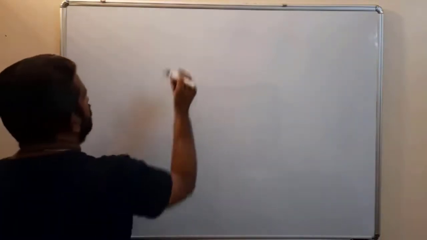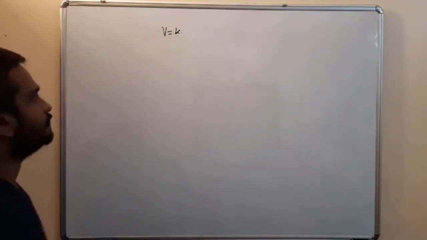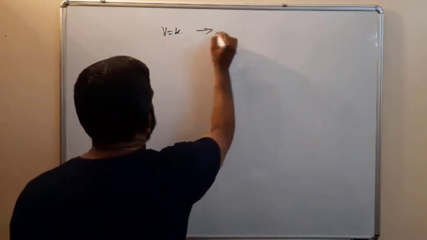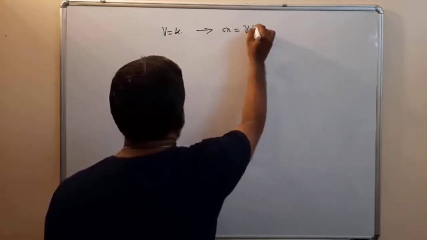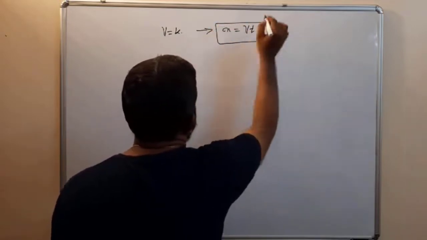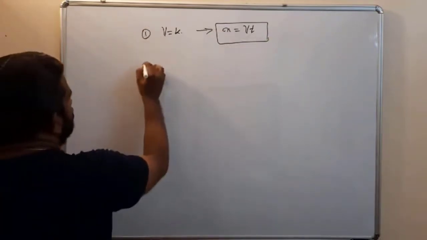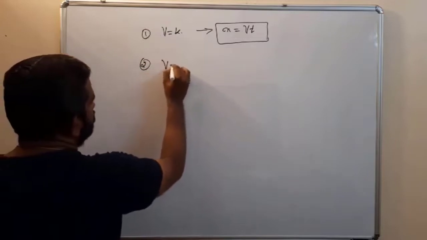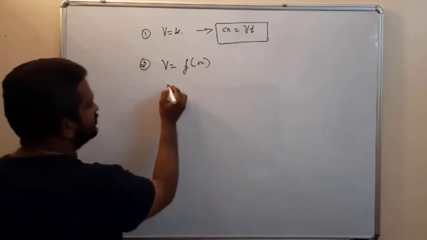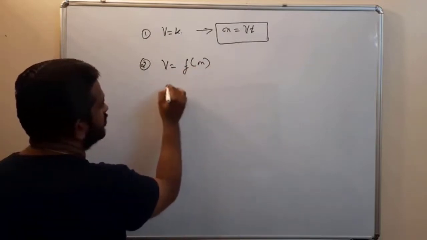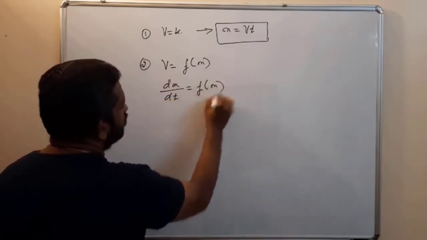In the first case, v is equal to a constant, so the displacement we will get is x is equal to vt. Second case, v is equal to f of x. First step, write v is equal to dx by dt, so dx by dt is equal to f of x.